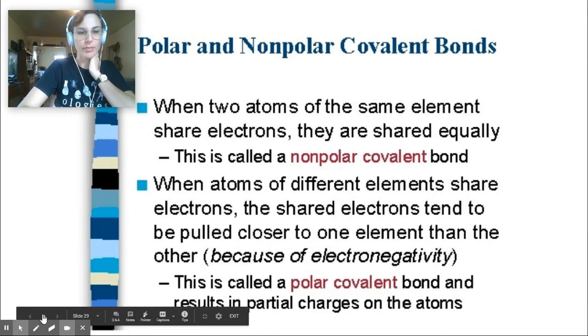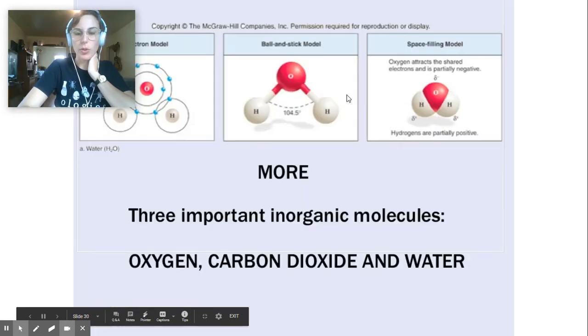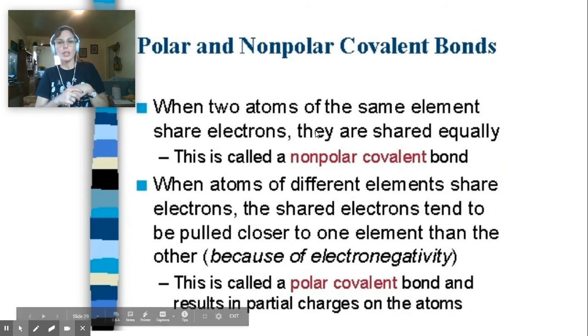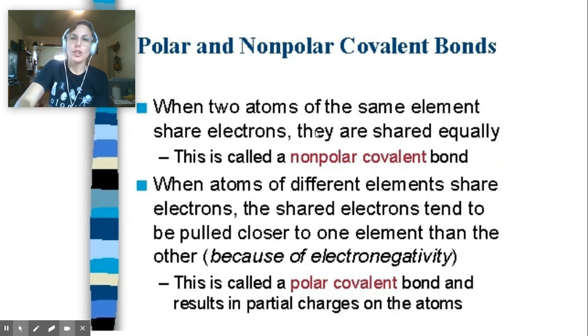Okay, so now I want to talk to you about polar and non-polar covalent bonds. When 2 atoms of the same element are sharing electrons equally, totally fair, there's no pulling at all, it's a complete even share, that's considered a non-polar covalent bond.